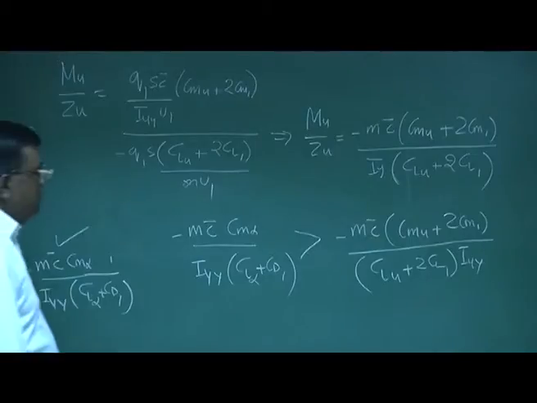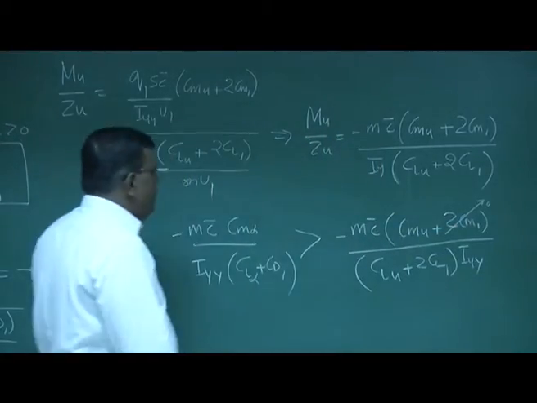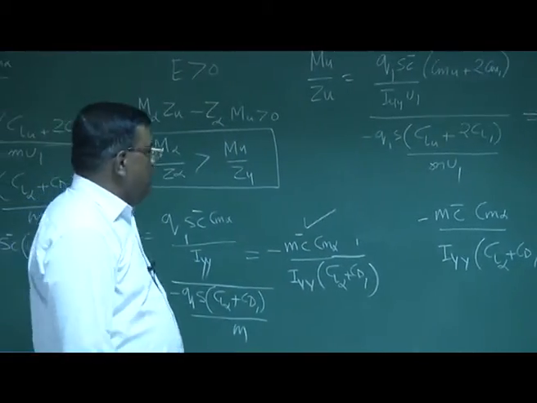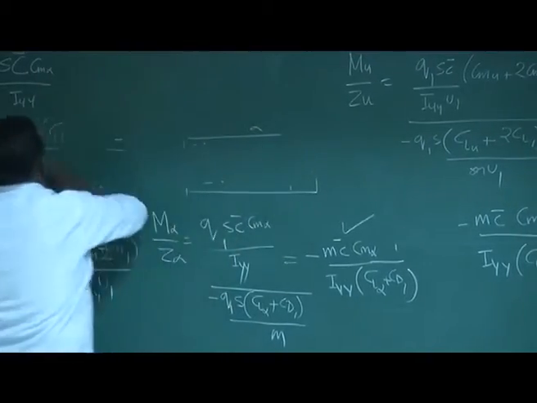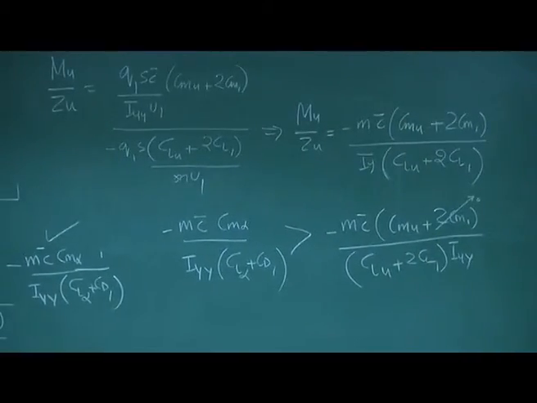We know that Cm1 is 0. This is at trim, and our trim is cruise. This value is 0. So now if I manipulate this expression further, we get a very interesting result, and all these efforts were for that.